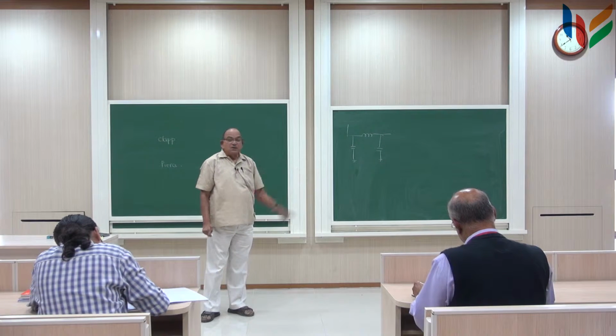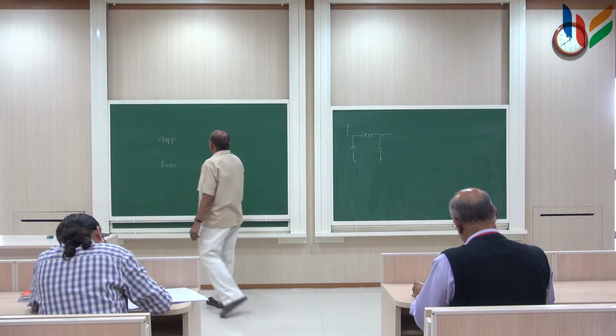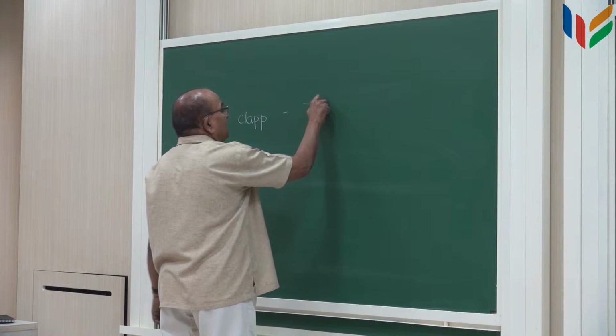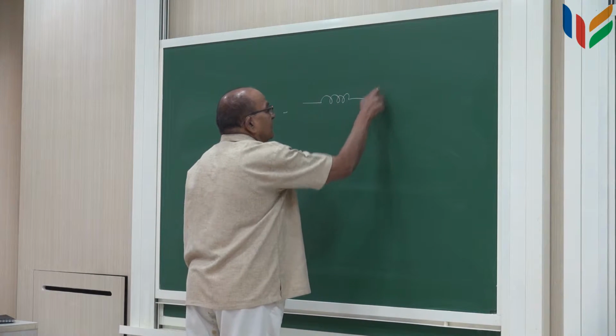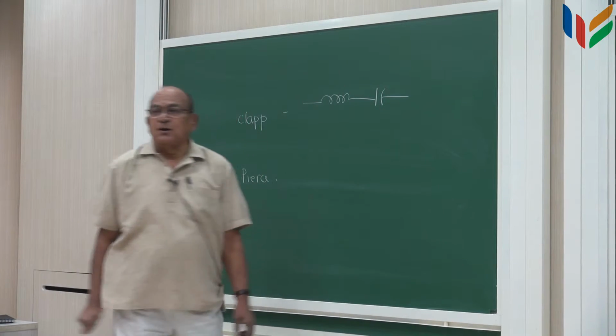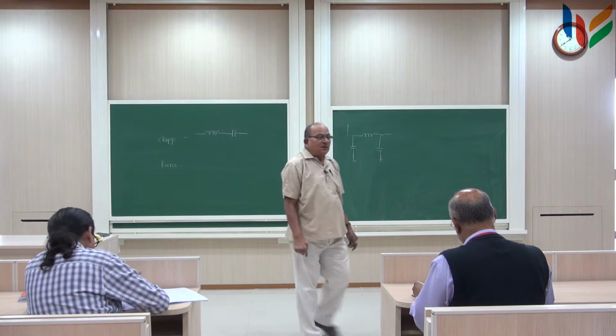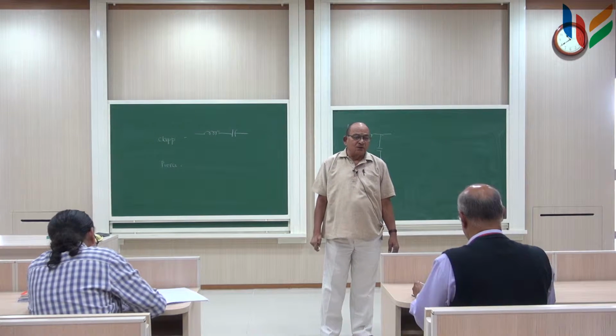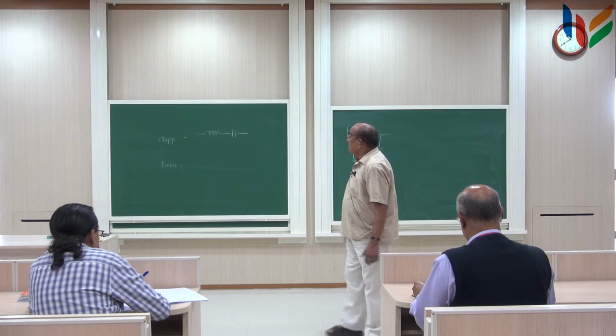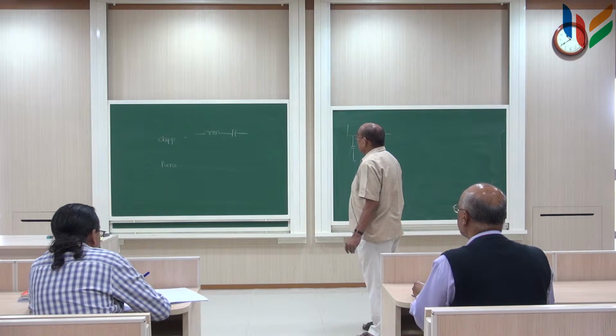Now, in Clapp, what they do is replace this inductor by a series tuned circuit. Now, we will see why it is a better way of doing Colpitts and why this Clapp became an important structure.